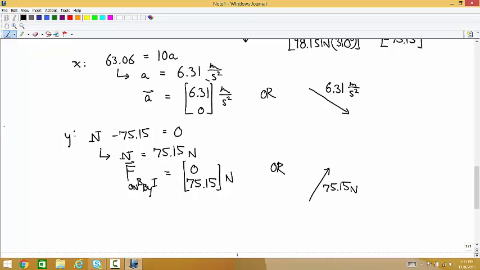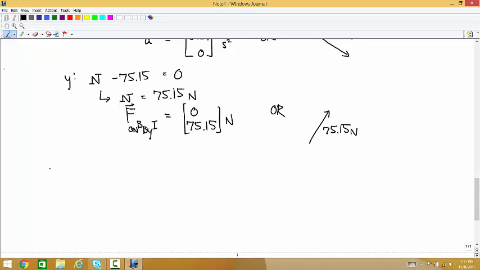Okay, so now let's go to part B. We'll go back to the free body diagram. So what forces are acting this time? There's still a weight force of 98.1. There's still a normal force perpendicular to the surface toward the chosen body.